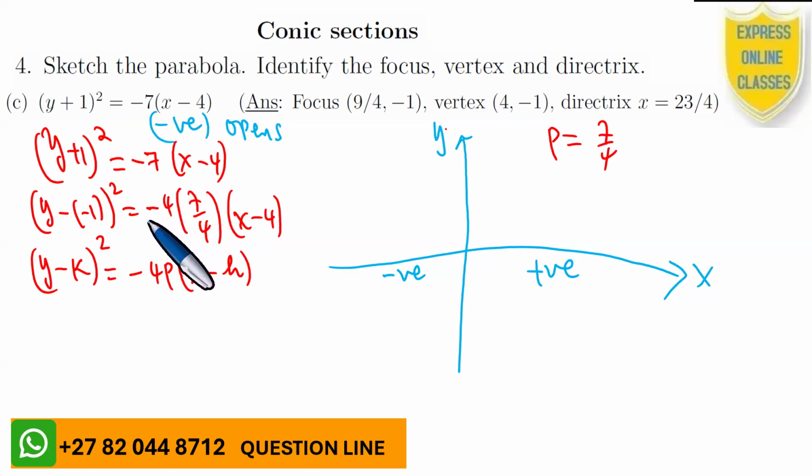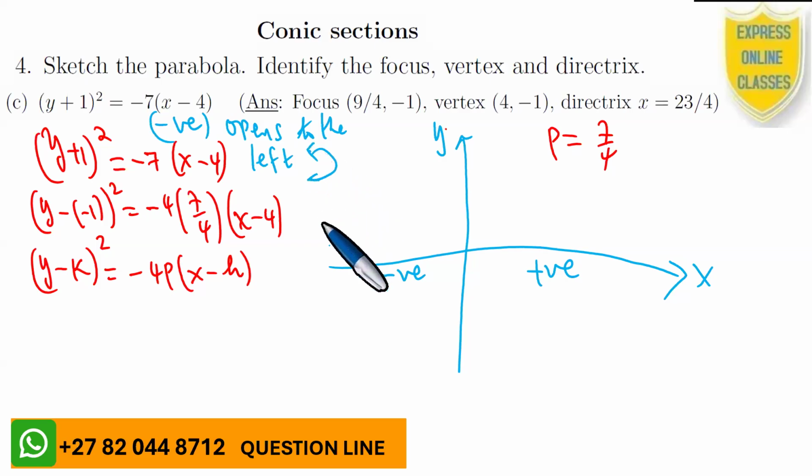Because it is minus 7x, it then means that x is negative on the left, so it opens to the left. So it's going to be like this.